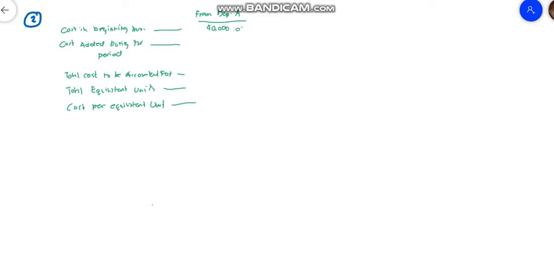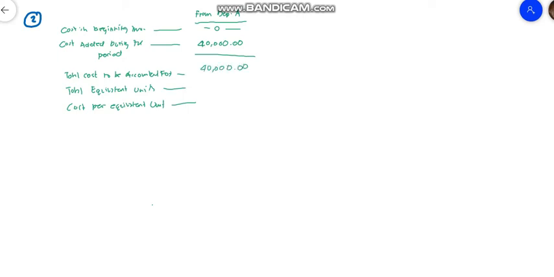Not the beginning inventory; it should be under cost added. Because we have no beginning inventory, the total cost to be accounted for is actually 40,000.